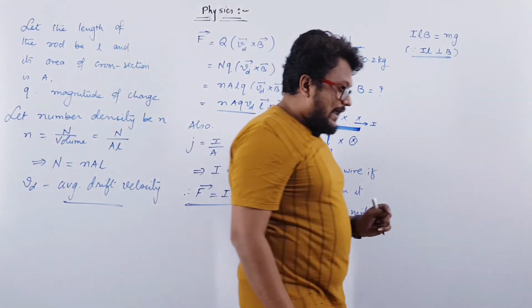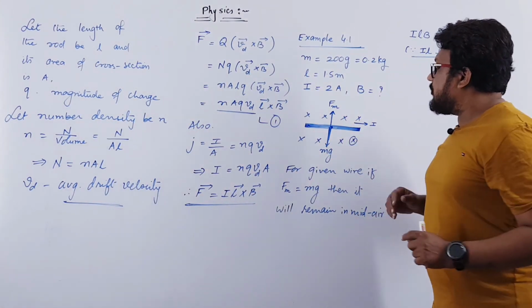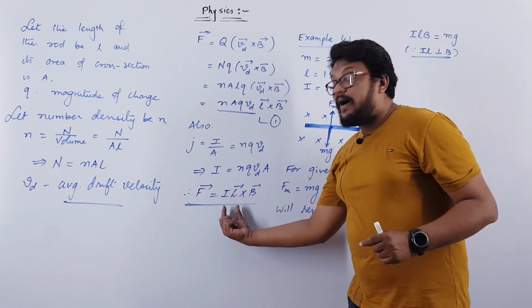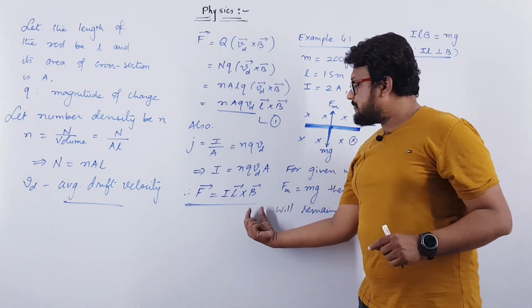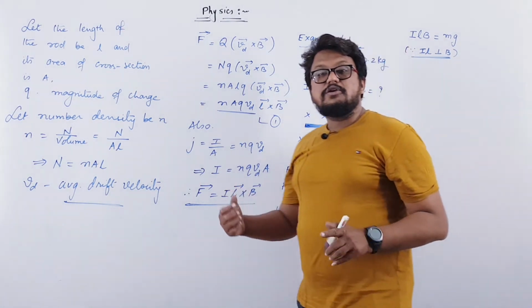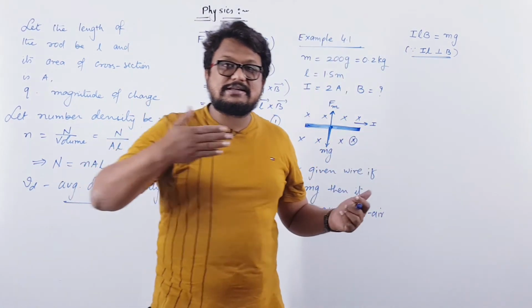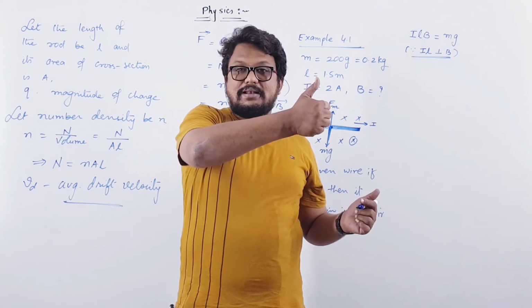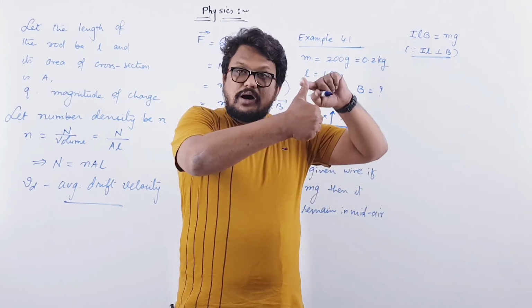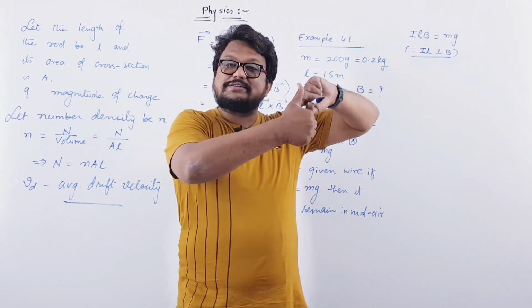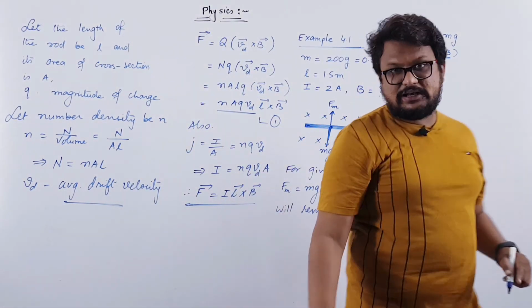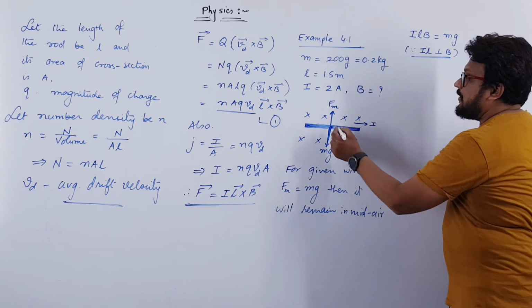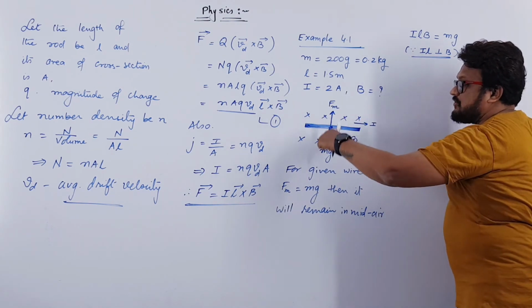IL cross B simply means that your palm should be in the direction of IL and your forefinger must bend in the direction of B. Your current is in this direction and the magnetic field is inside, so my finger will bend towards the board. This thumb will show the direction of force, which is upward. So obviously, we have not drawn this randomly: magnetic force will be in upward direction and mg will be in downward direction.